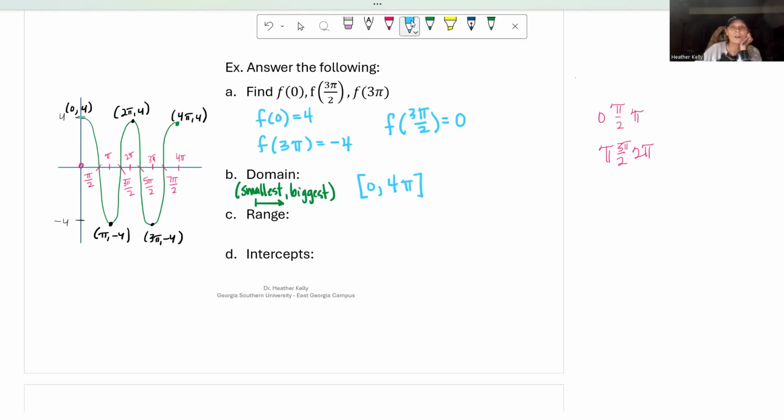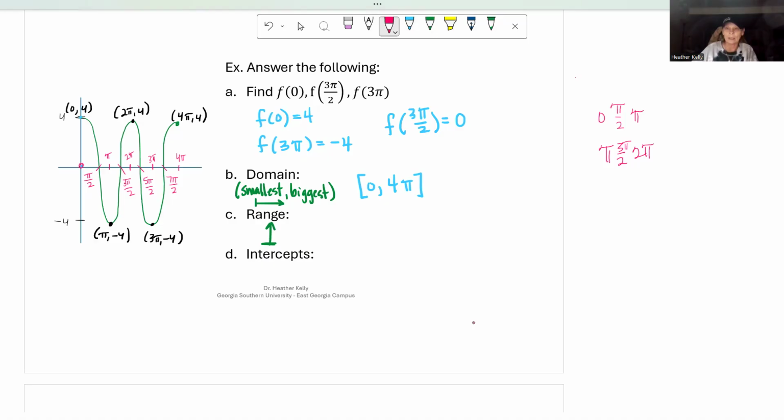Now the range also goes smallest to biggest, but the range goes from bottom to top, because we're talking about the smallest y to the biggest y. And mind this: the range is the only kind of interval you use y values for.